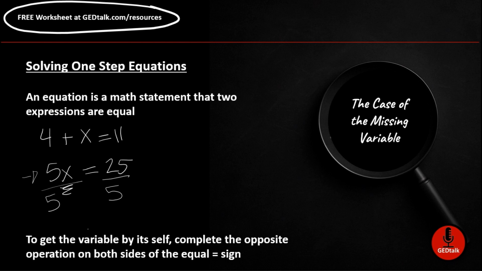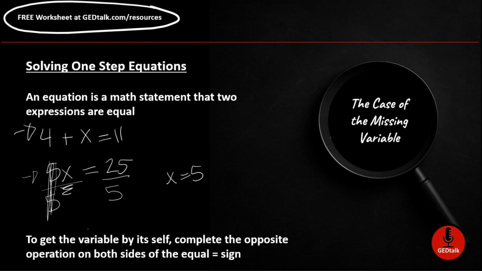So 5 times x is multiplication. The opposite of multiplication is division. If I divide both sides by 5, this will cancel itself out, and then I have x by itself. x equals 25 divided by 5. Well, what's 25 divided by 5? That's 5. So x would equal 5.